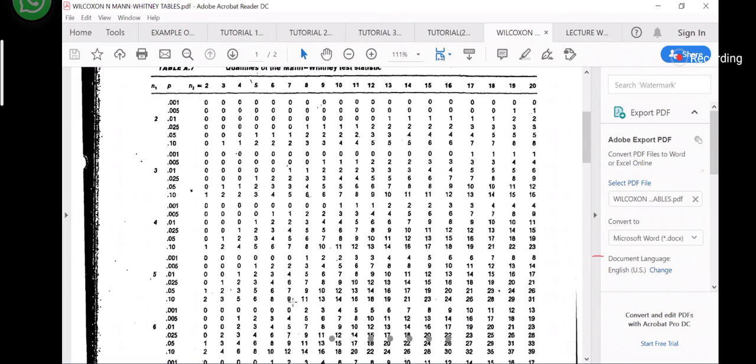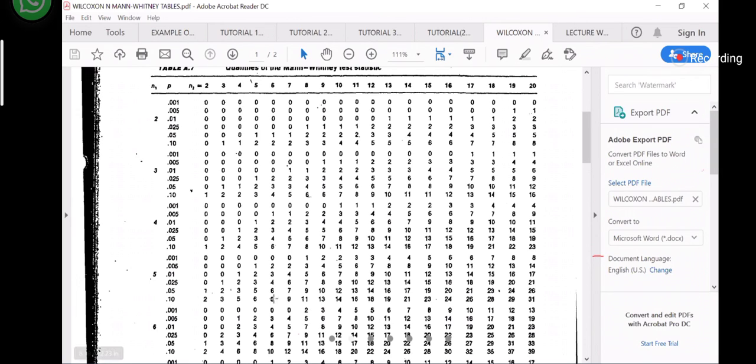What is the p-value? More than 0.1. Please louder. More than 0.1. Okay, so the p-value should be greater than 0.1.